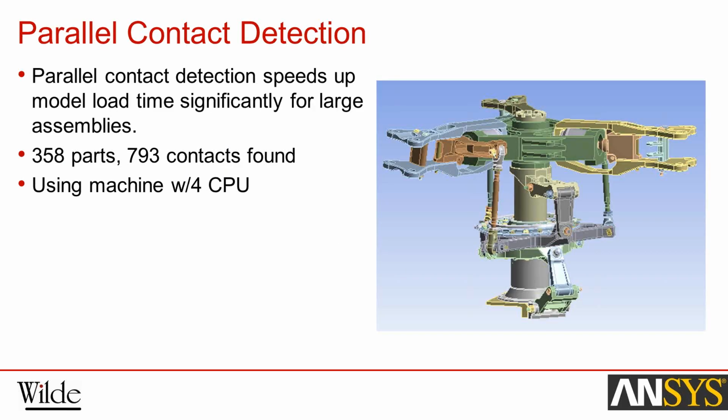Parallel contact detection. For large models, parallel contact detection has significantly sped up the time it takes for the automatic contacts generation tool to set up the contacts for your model. In this model, with 358 parts, 793 contacts were found.